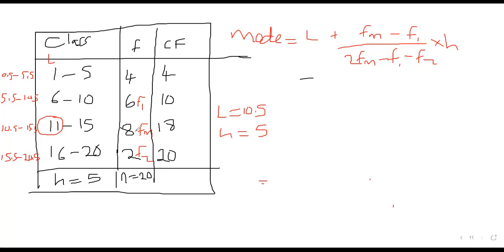In the same line, we look for the lower bound, which is this one, our L. So our L is 10.5, our H is 5, our Fm was 8, our F1 was 6, our F2 was 2.